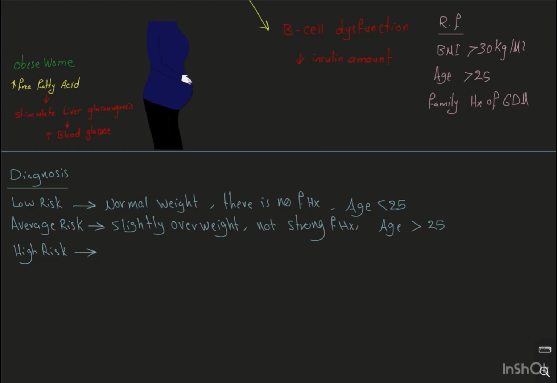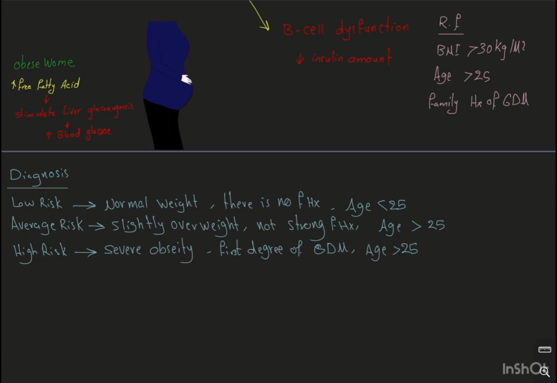But otherwise everything is normal. In cases of high risk, the woman has severe obesity, has a first degree relative, or age more than 25 and also has these risk factors.